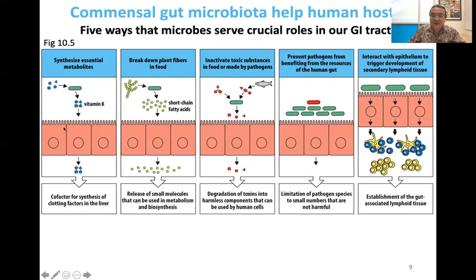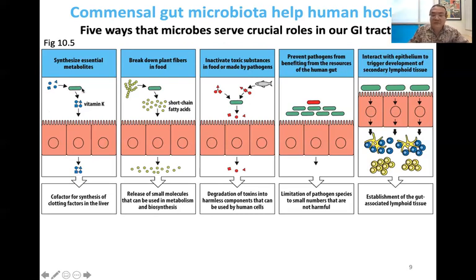For example, these are different examples of how commensal gut bacteria help us human hosts. Five different ways are pictured here. Number one, certain bacteria, like this green bacteria here. By the way, this white space is the lumen inside of your intestines. And this is the very delicate, single cell layer wall of your intestines here. And so much of this white space, not really indicated here, would be mucus.